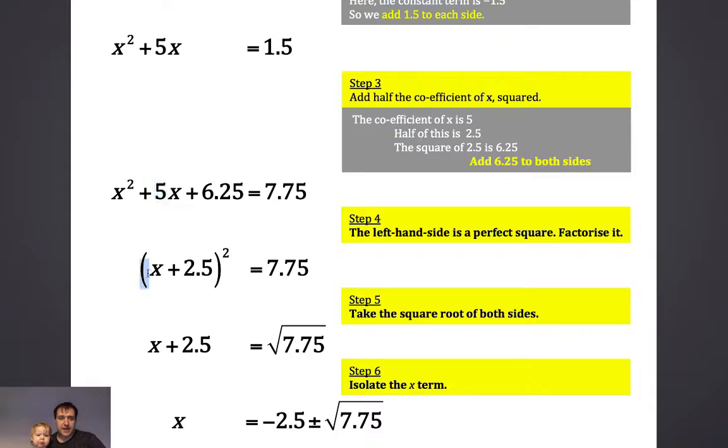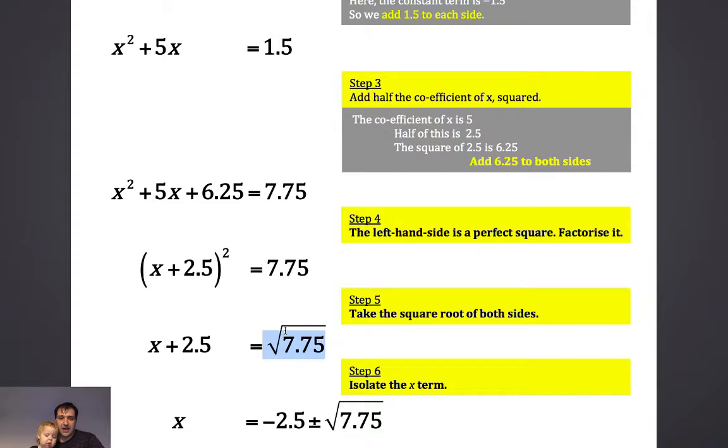Okay, so we've got x plus 2.5, all of that squared equals 7.75. We can square root both sides to get the bit that was in the brackets on its own. So instead of x plus 2.5 squared, just x plus 2.5. And then because it's an equation, we've got to do exactly the same thing to both sides. So we've got to square root the other side as well.